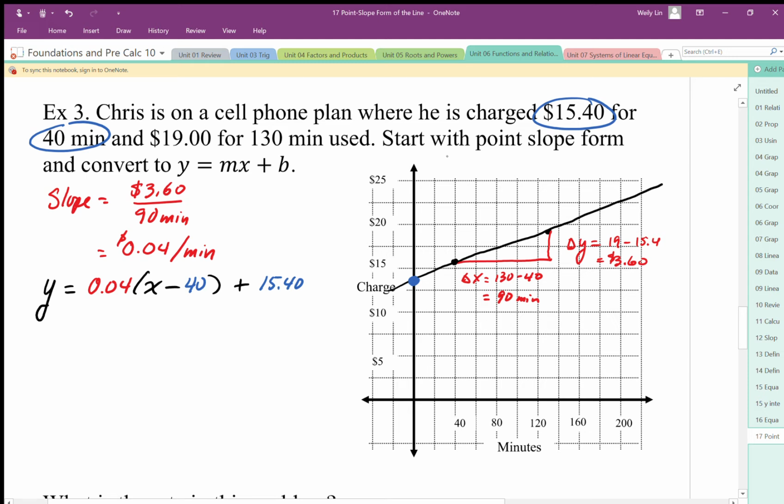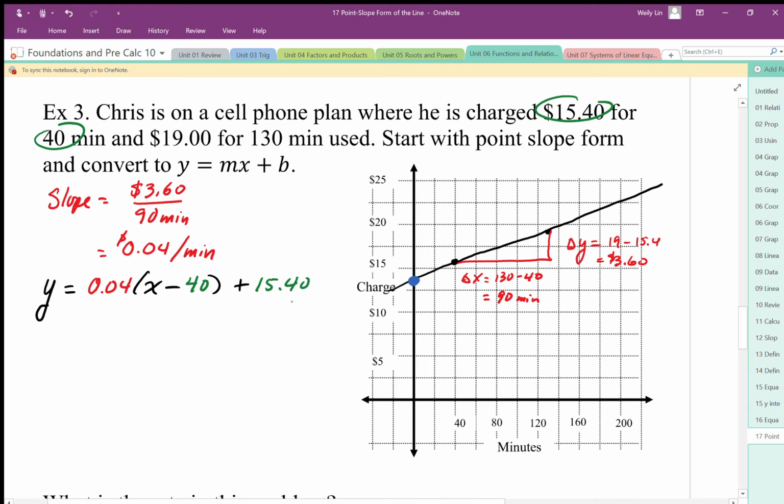Now in this problem, it would be nice to know the charge there. I'm just going to change the color so we don't mix that up with our y-intercept. Let's change that to green. I want to find my y-intercept here.